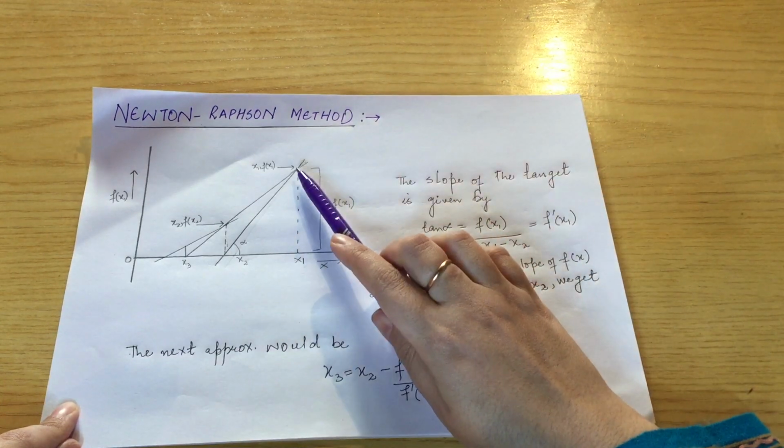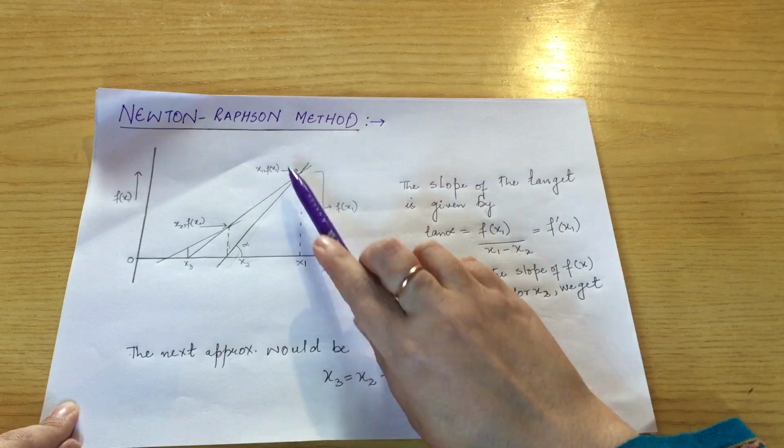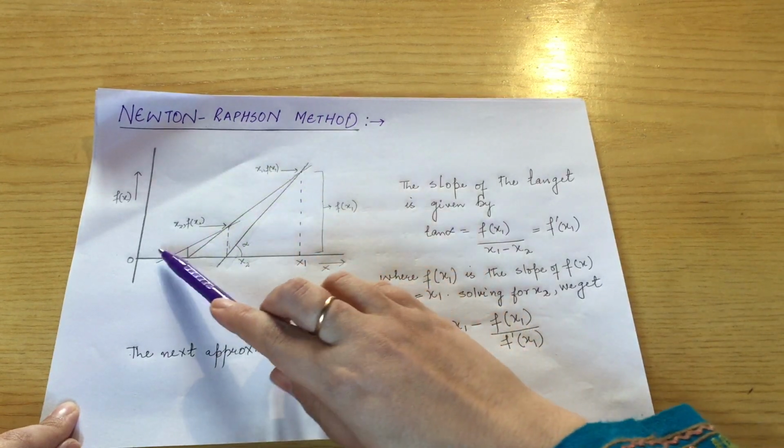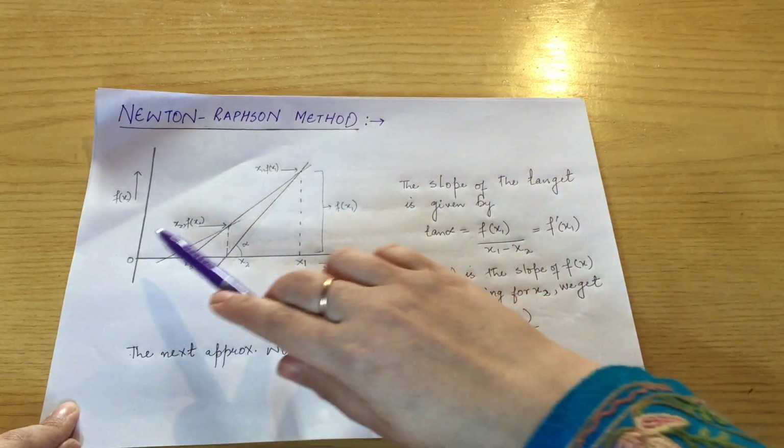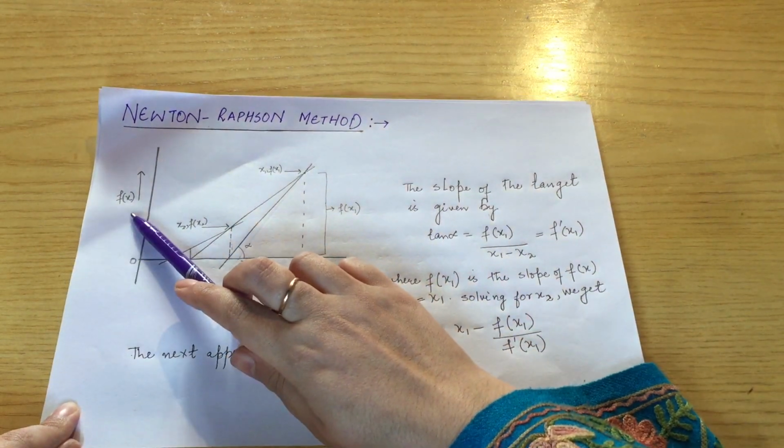So here our y2 is f of x1, because we are considering the y-axis as f of x.